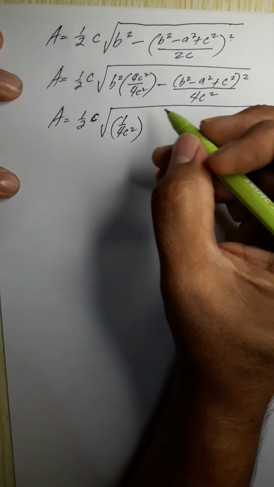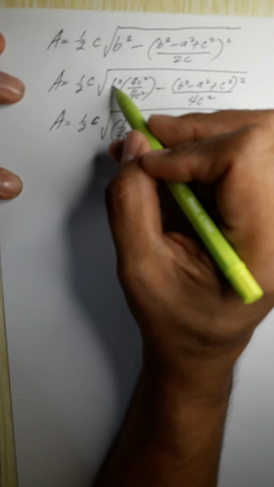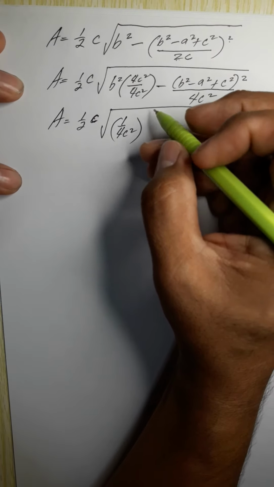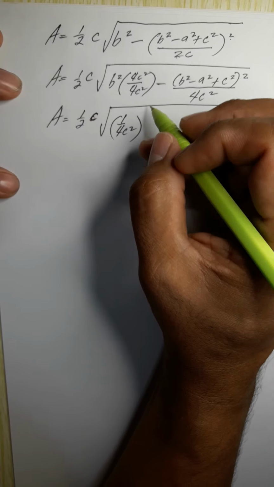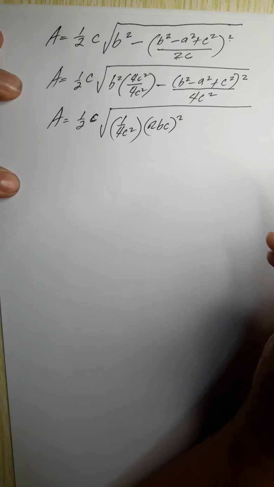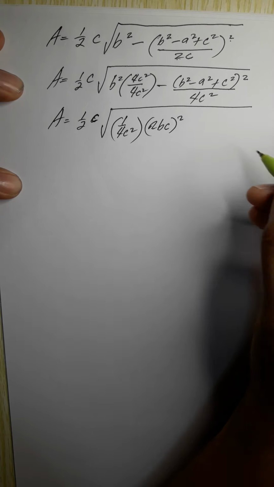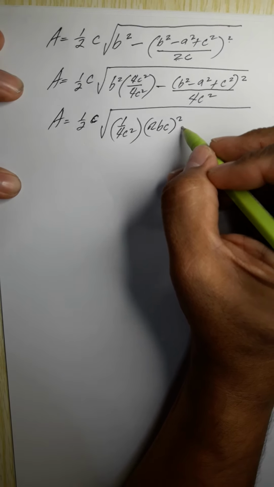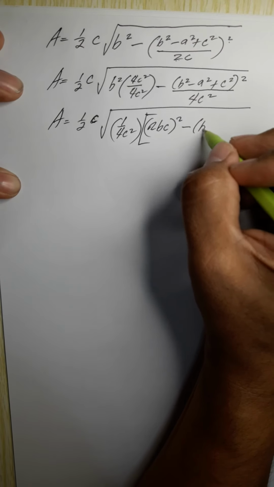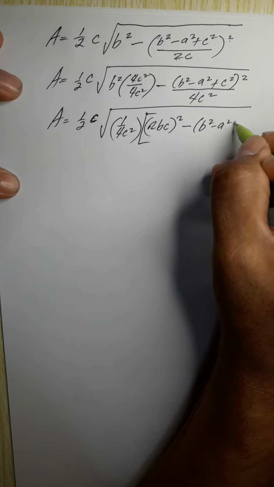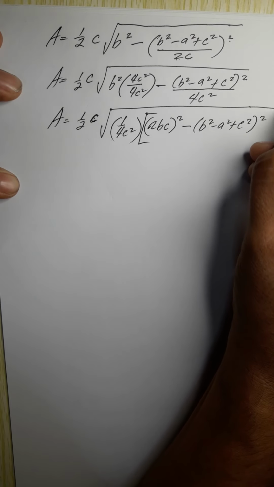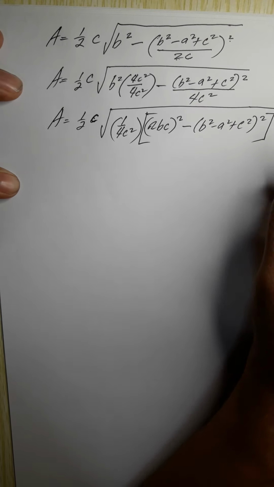I will rewrite this b squared times 4 times c squared to look like this: (2bc) squared, minus (b squared minus a squared plus c squared) squared.